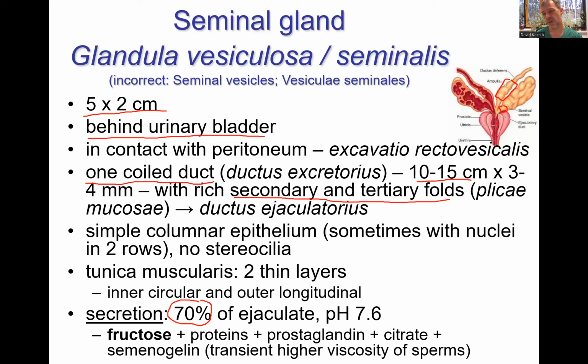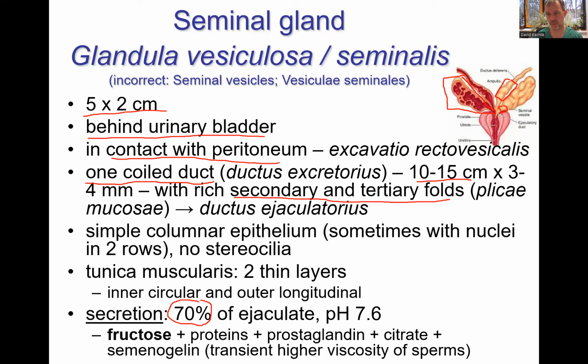You can see also the location. It's laterally to deferent duct. So it's in the posterior wall of the urinary bladder, laterally to the duct, and it's in contact with peritoneum.